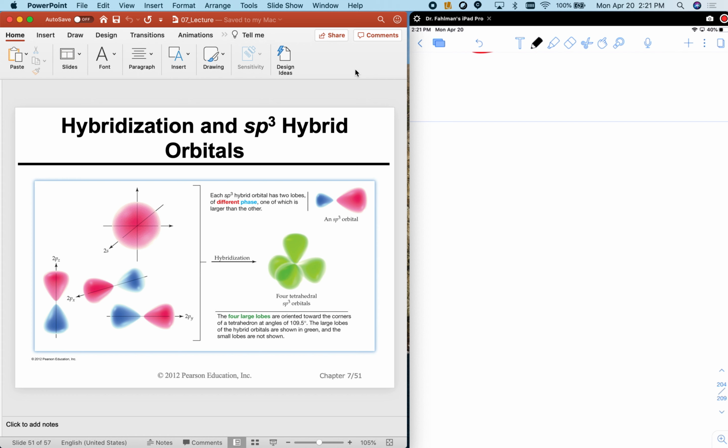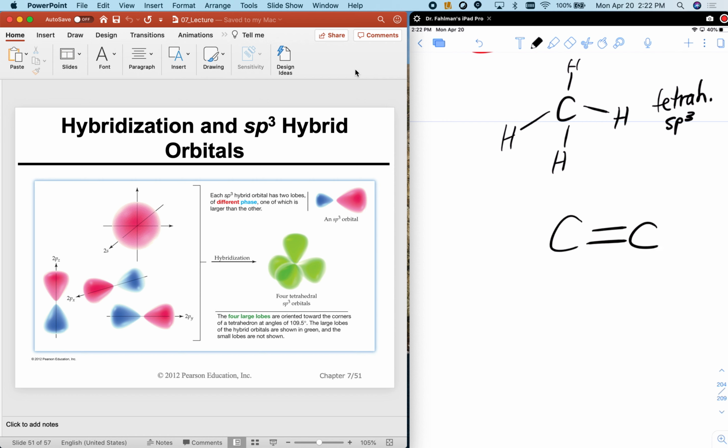That would be this example: carbon with 4 bonds, so that's tetrahedral, sp3. But we know that carbon can also form this, where instead of carbon bonded to 4 things, it's only bonded to 3 atoms.